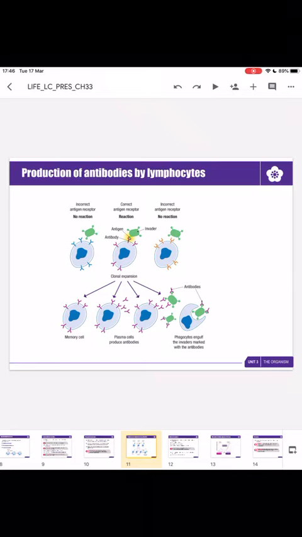Okay. So when this happens, when the antibody actually fits the antigen, it will bind with the antigen, and you can see here kind of over on the right hand side, the antibodies are actually bound to the foreign pathogen or the foreign antigen, the green object here.